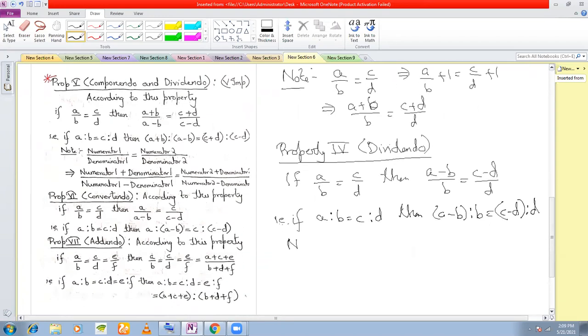Also, the proof of this is very simple. You start with the given proportion A by B is equal to C by D. You subtract 1 from both sides, you'll get this.